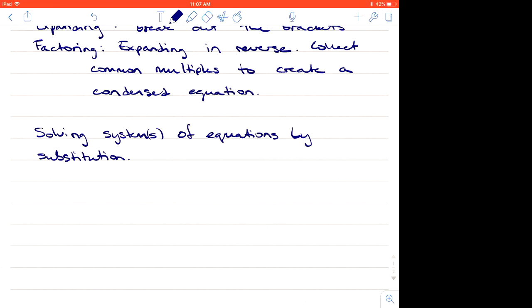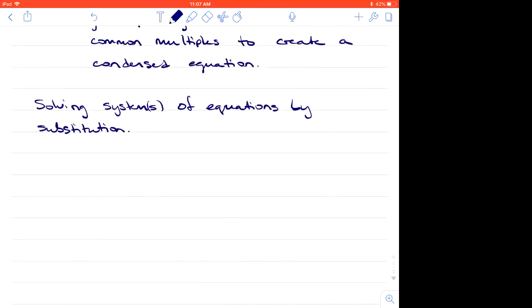Then we moved on briefly to talk about taxes and other proportions and percentages.